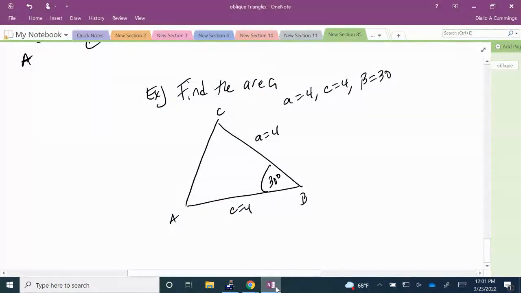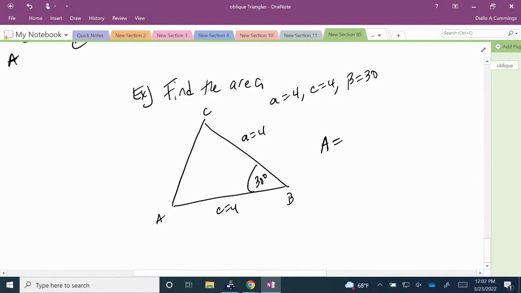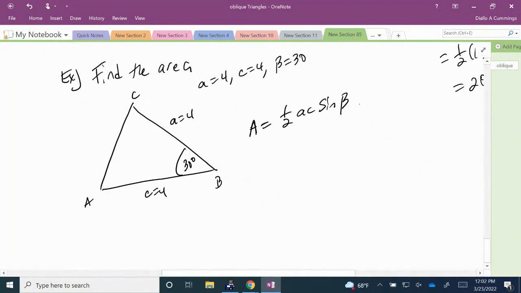All right, so taking a look at the solution, we're going to use a formula that the area is equal to 1/2 A times C times the sine of beta. So A equals 4, C equals 4, and beta equals 30. So that's 1/2 times 4 times 4 times the sine of 30.